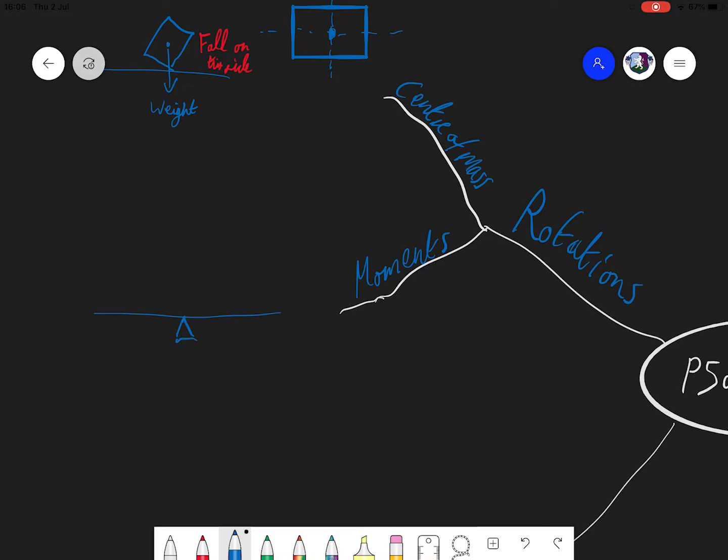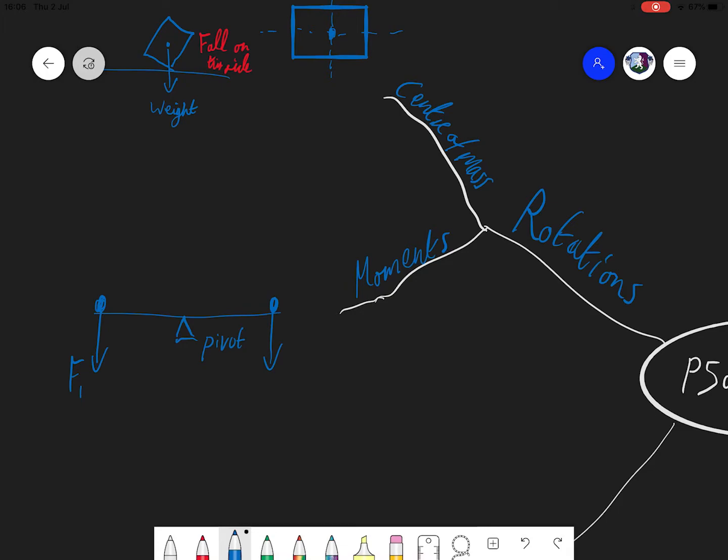Now for moments, again, diagrams matter hugely. So we start off with a basic seesaw, and every situation can turn into this. Your pivot will be at a set point, usually either in the center or on one of the edges.